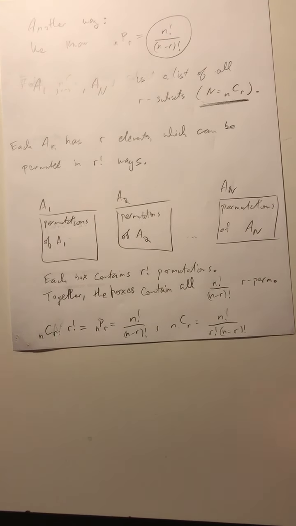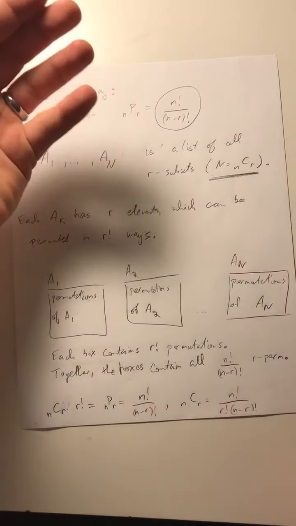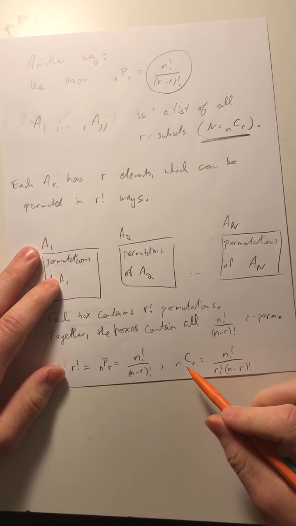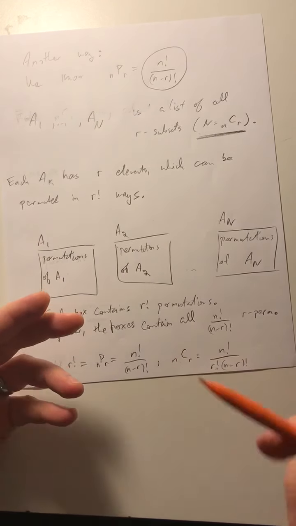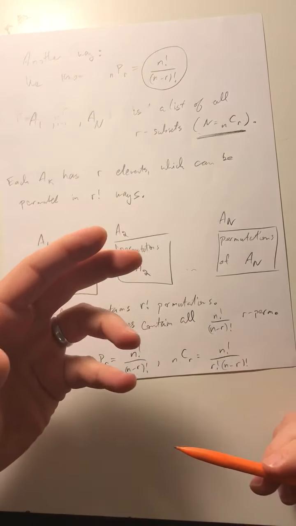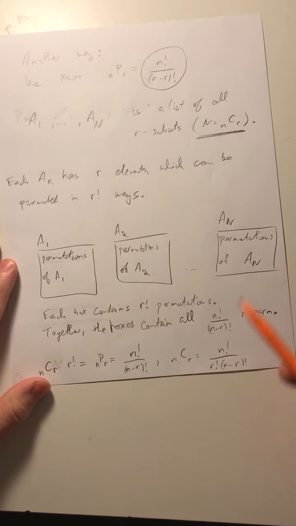So a quicker way to explain that is, if I want to do choosing in two stages, first I choose r things, and there are n choose r many ways to do that, and then there are r factorial ways for me to permute the r things that I chose. And if I choose r things and then permute them in all the ways that I could permute them, that gives me all of the permutations.